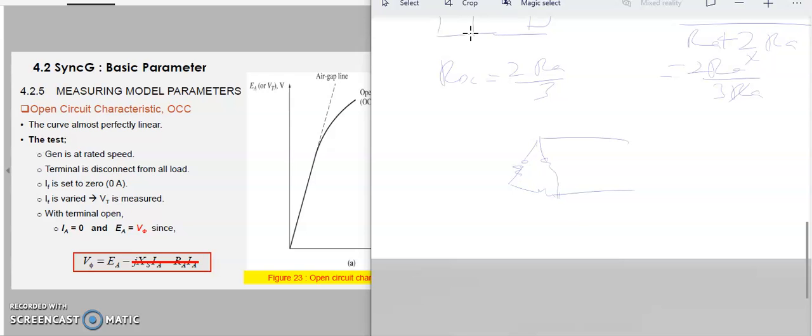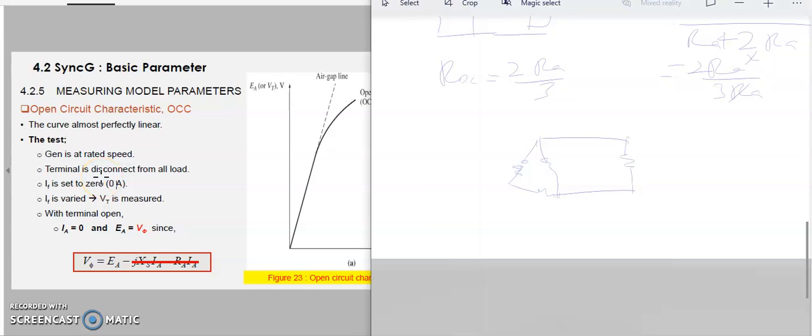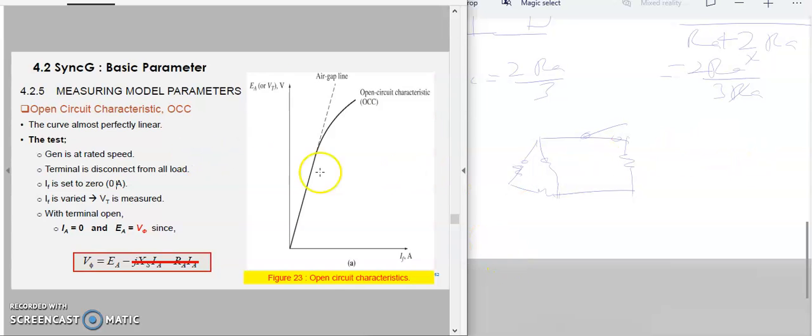In the open circuit test, we run the system at rated speed, then the terminal is disconnected from all load. For the first time, maybe we connect the load, and after it reaches rated speed, we disconnect from the load. That means it runs at rated speed, then disconnect. By that we shall have an almost perfect linear trend in terms of field current.